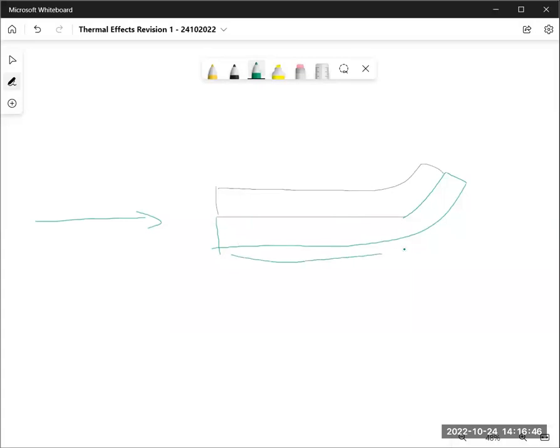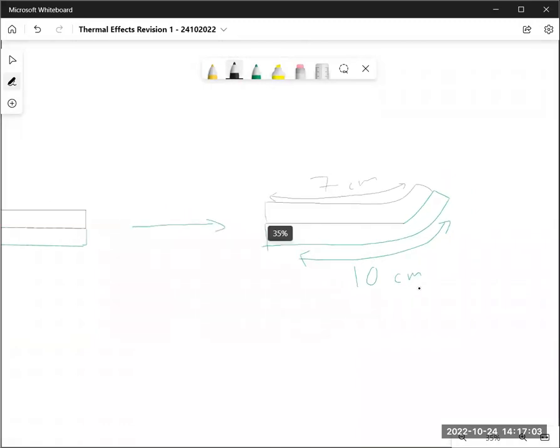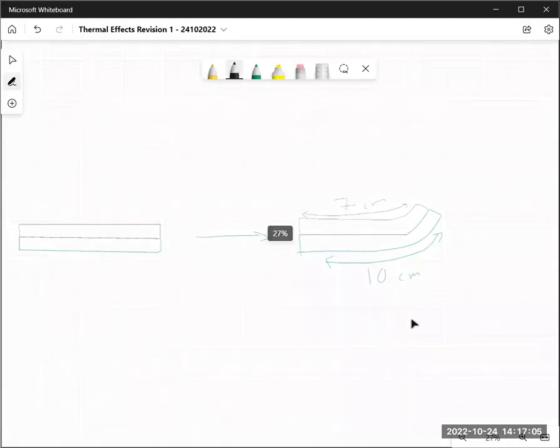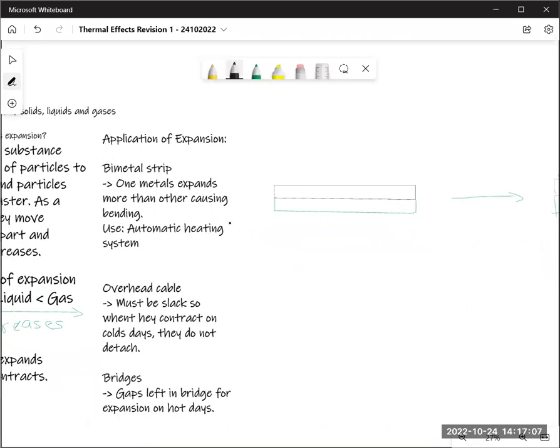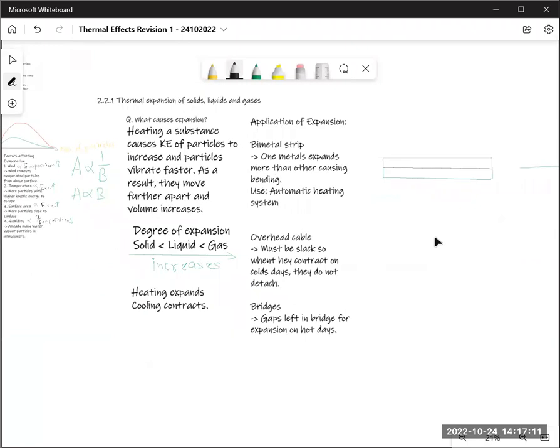If I measure this side, from here to here, it is, let's say, 10 cm. But from here to here, it's actually much less, only 7 cm. So do you see that one side is less than the other? That is basically how metal can start bending because of expansion.